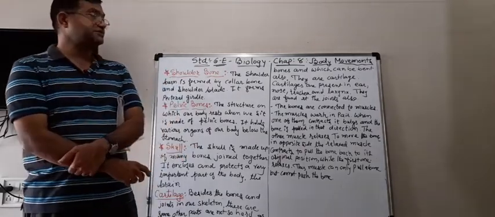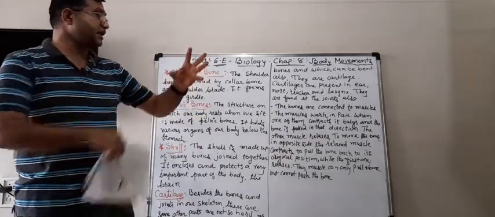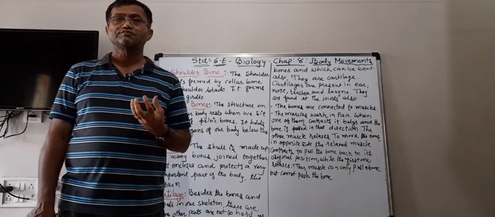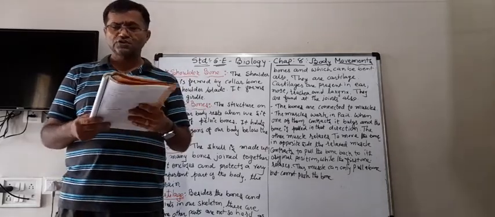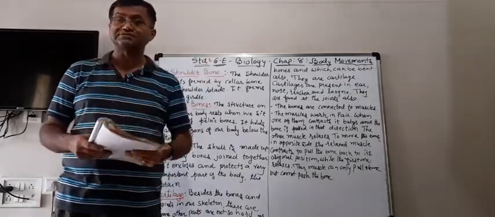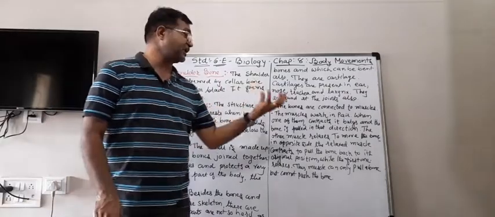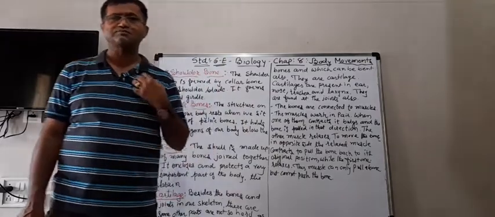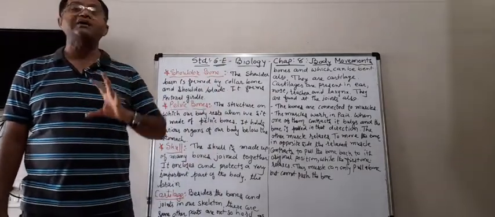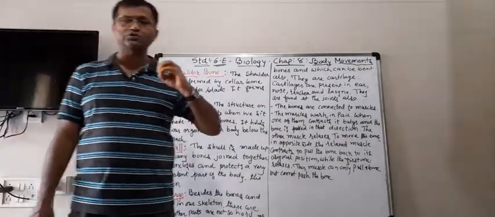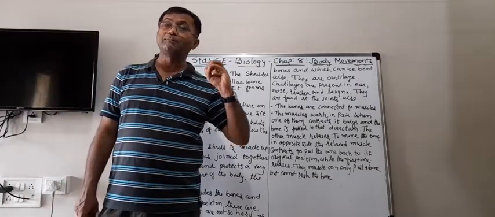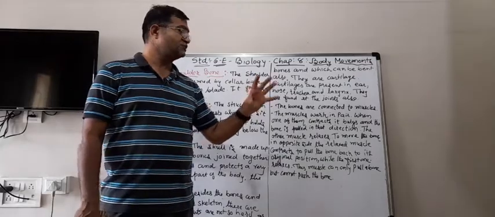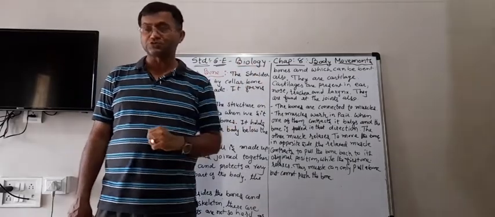And these muscles are connected to the bones with some tissues. Those tissues, like ligaments and other different names, you will learn about in the higher standards. But just now you have to learn that the bones are attached to the muscles with some special types of tissues.